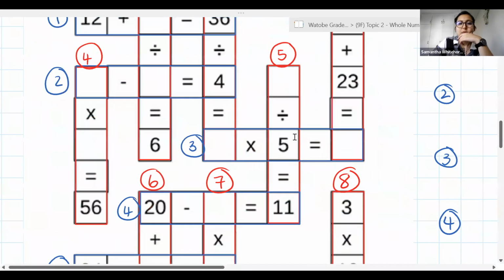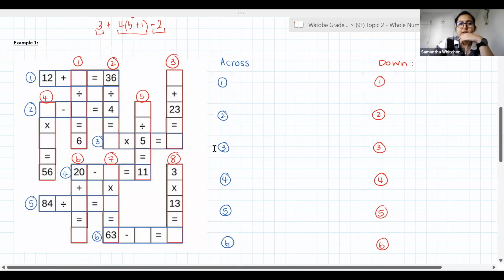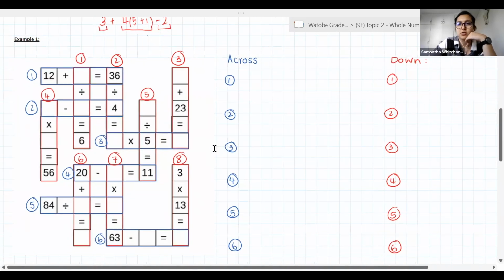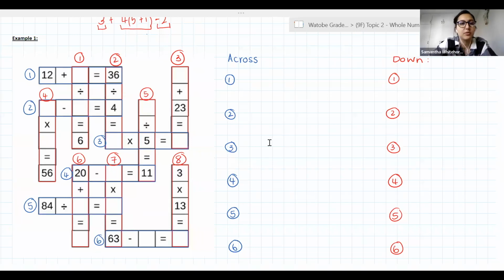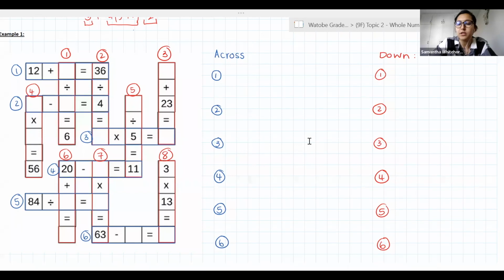So what we're going to do to start off with is like a mathematical crossword. What you'll see is I've tried my absolute best to color code it a little bit. I've also numbered it. So we've got across and we've got down. And we want to find the values that are supposed to go into the blank blocks. Now, we can start anywhere we want. It really doesn't matter.